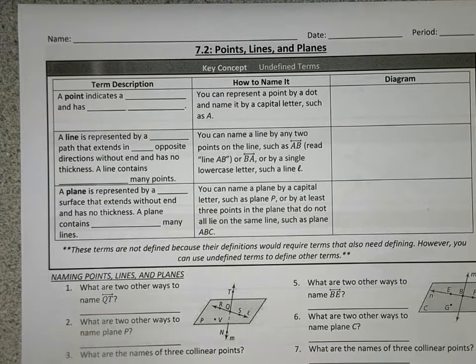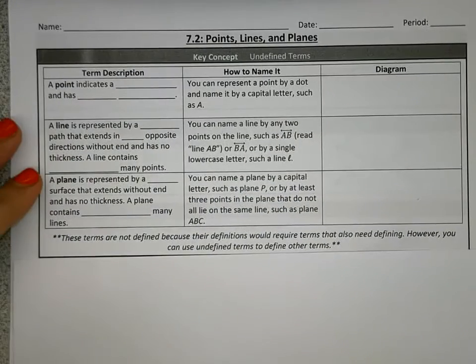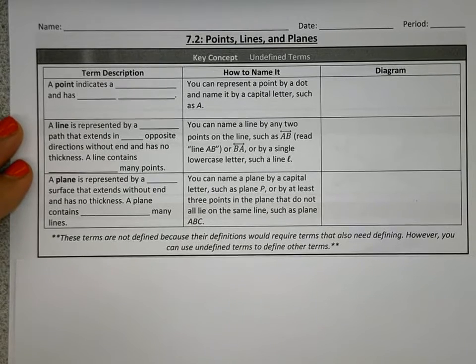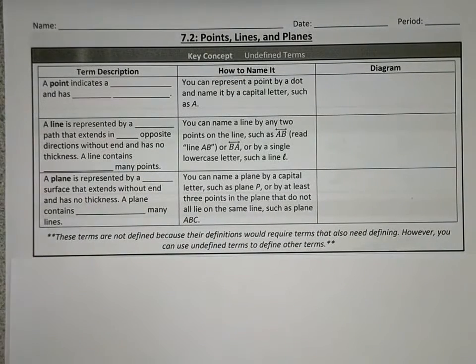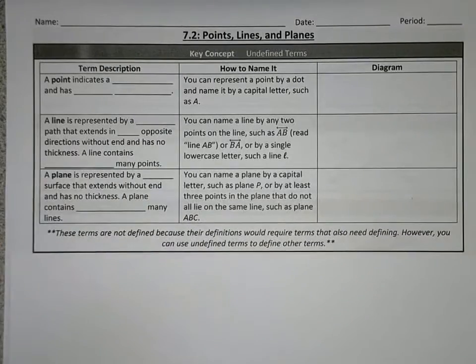So what we're going to talk about first are points, lines, and planes. Okay? Points, lines, and planes. I want you guys to pay attention to the bottom right here first. Points, lines, and planes are called undefined terms.